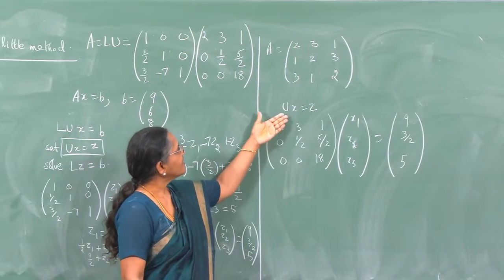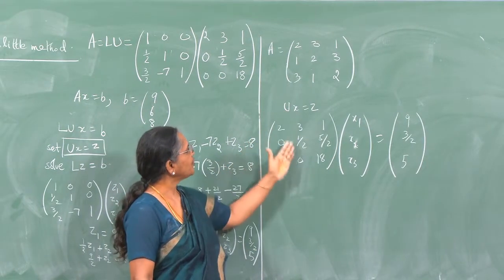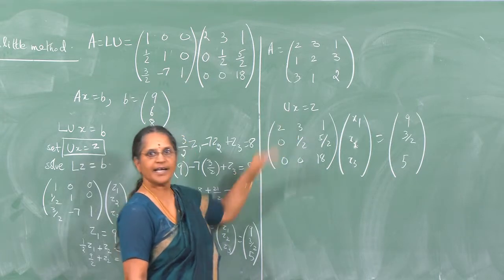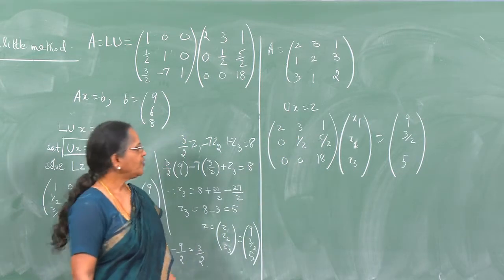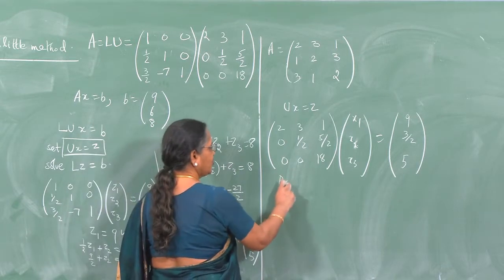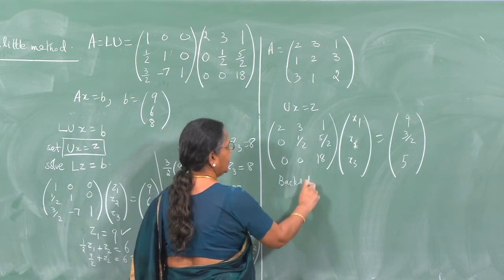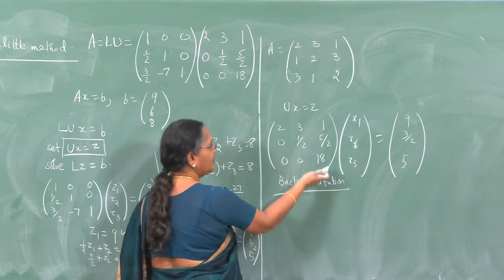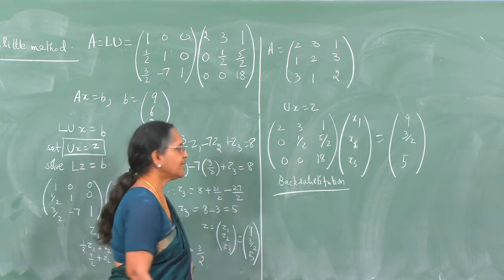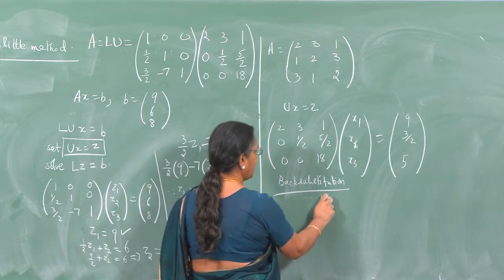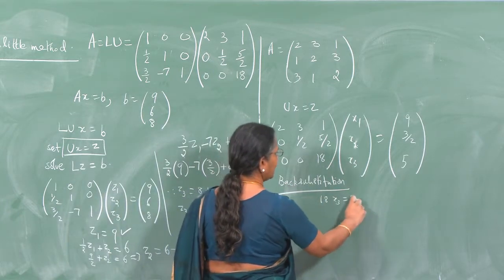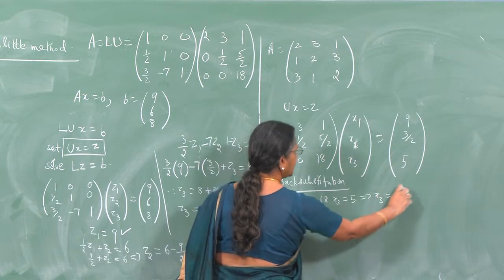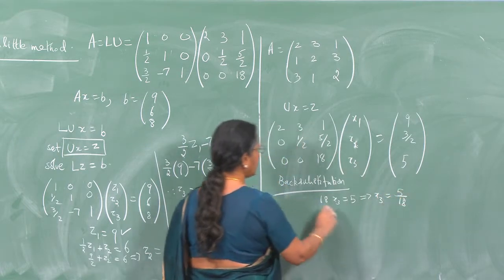We see that we have a system whose coefficient matrix is an upper triangular matrix. So, we employ back substitution and solve this system. So, we start from the last equation and we observe that we have 18 x3 as 5. So, x3 is 5/18.